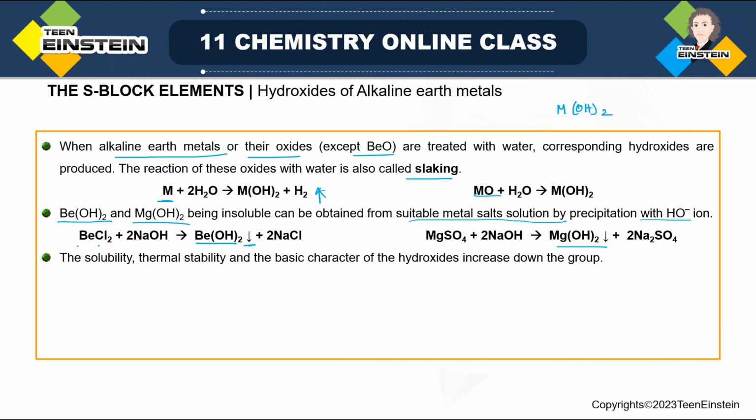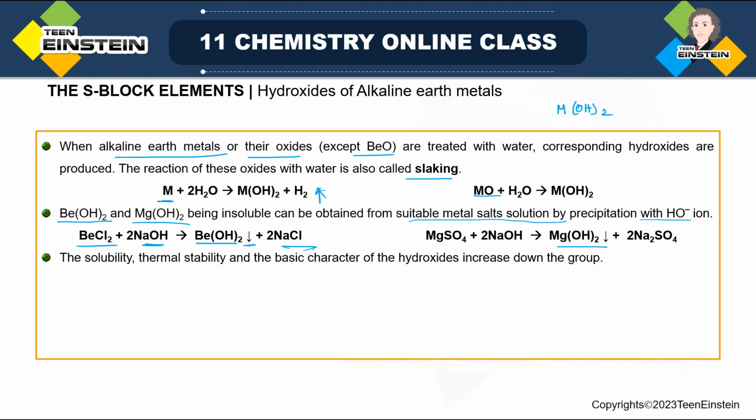We have taken BeCl2, chloride of beryllium, as the source of beryllium. Then we need a hydroxide source, because ultimately we are preparing the hydroxide of Be. We have taken sodium hydroxide. So we are getting Be(OH)2 and NaCl. NaCl is highly soluble in water, but Be(OH)2, because of its insoluble character, we will get in the precipitate form. And it will also help us to ultimately purify the product.